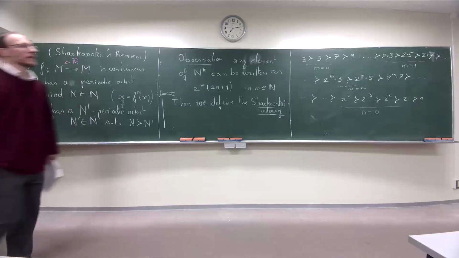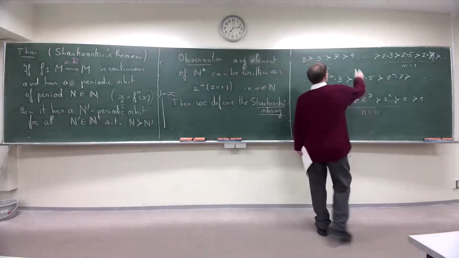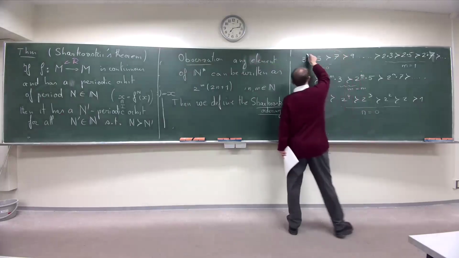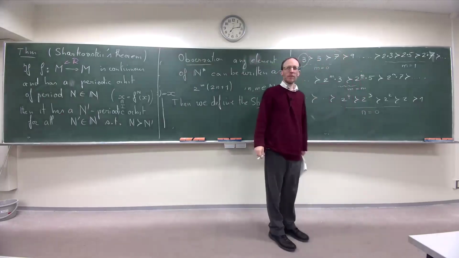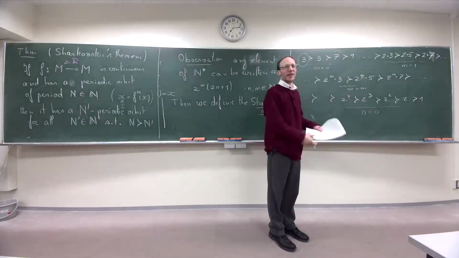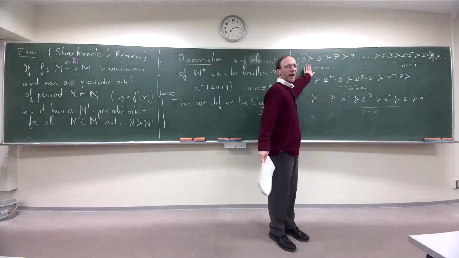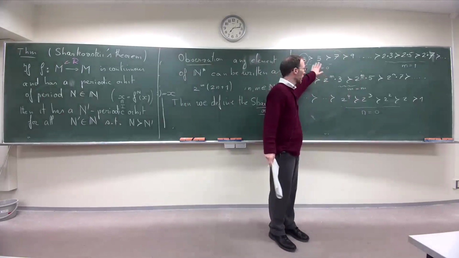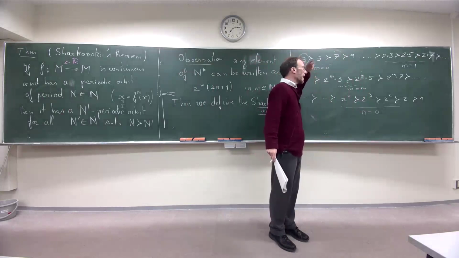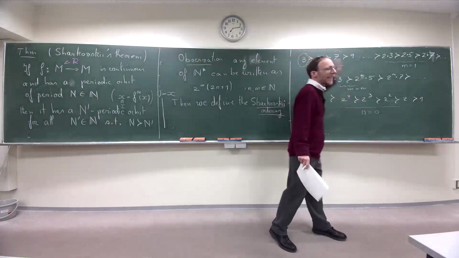So it means if you have a system of period 3, because you mentioned 3, in fact, you have a periodic point for any integers.